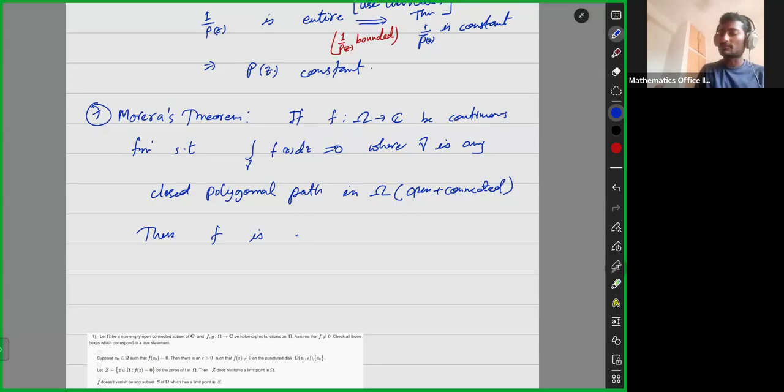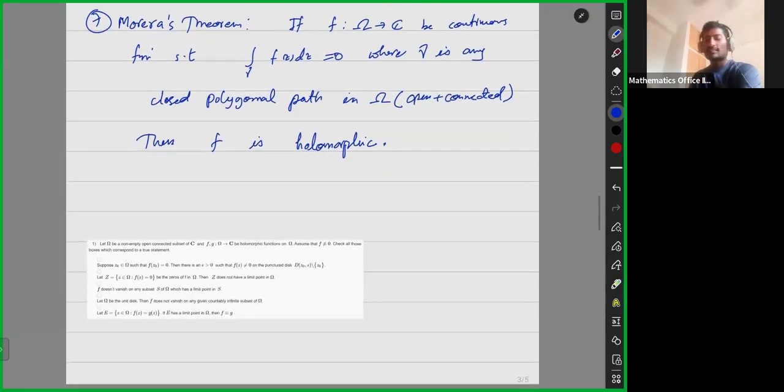So f is holomorphic. Here we are using that the antiderivative of f is holomorphic, whose derivative, if you take, is giving you f. Right. So I think at this theorem we ended.